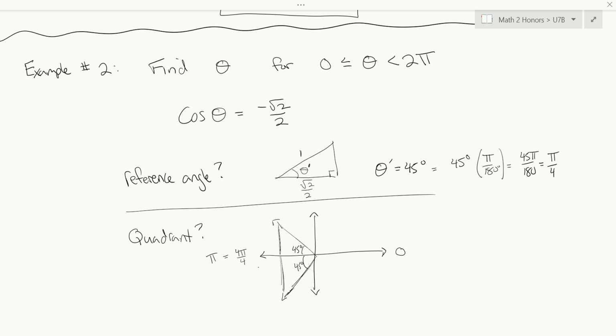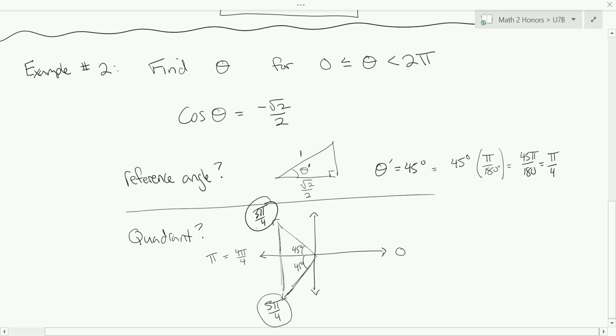So 4 pi over 4 minus pi over 4 would give me what? 3 pi over 4. So that's one answer. And if I go forward from 4 pi over 4 by pi over 4, we get 5 pi over 4. Now I have my two different angles in radians, and that's my answer. So I write theta is 3 pi over 4 and 5 pi over 4.